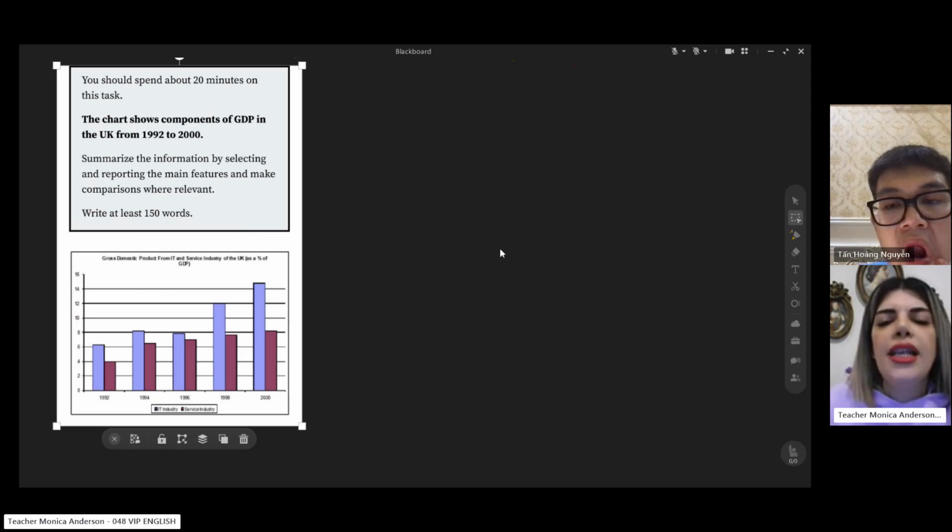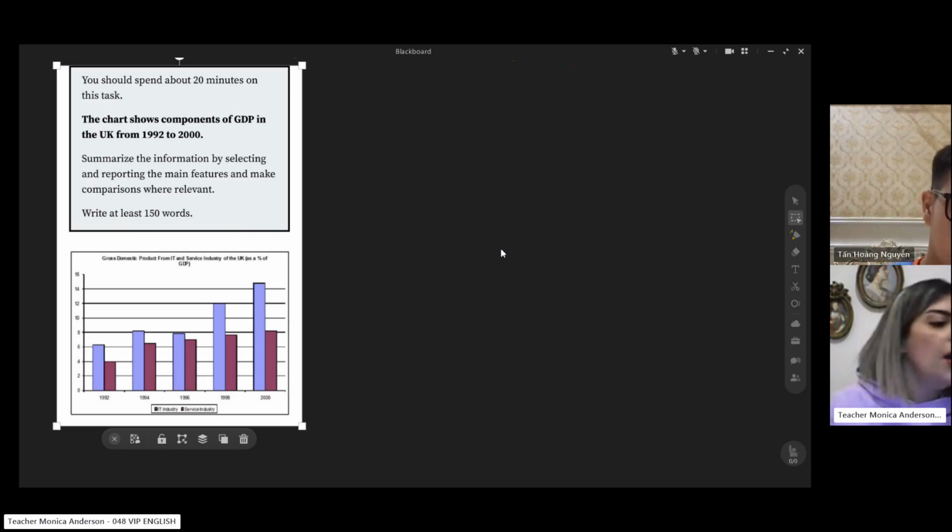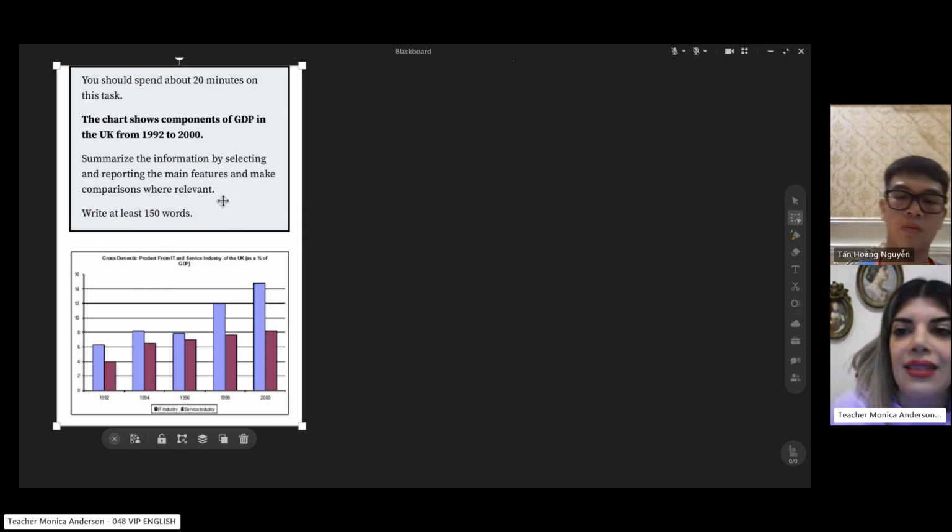As you know, the introduction explains what the graph is about, and the overview gives the main points. Now, let's talk about the main points in the overview. You need to mention that everything is measured in percentage.